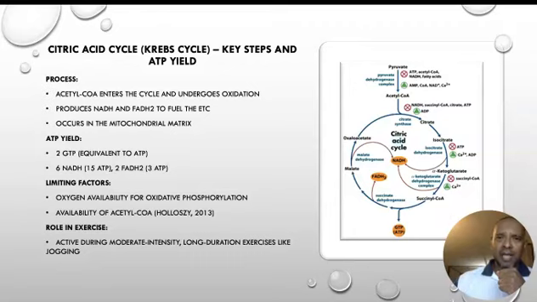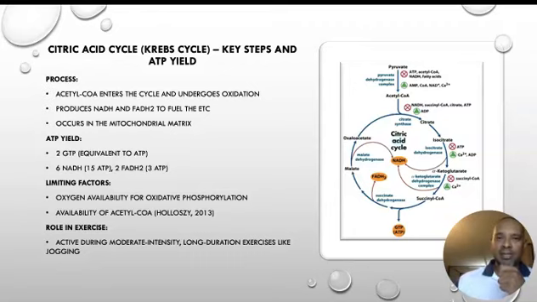The citric acid cycle, also known as the Krebs cycle, is a key part of how our bodies generate energy. It starts when acetyl-CoA enters the cycle and is oxidized, producing NADH and FADH2, which are used to fuel the electron transport chain. This process happens in the mitochondrial matrix.